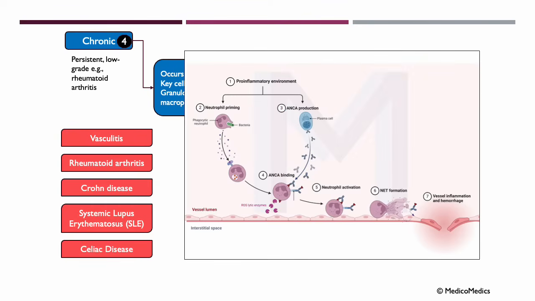Let's begin with vasculitis. Vasculitis is inflammation of blood vessel walls, often triggered by autoimmunity or immune complex deposition, leading to ischemia and multi-organ damage. It is a direct example of how chronic inflammation targets vascular structures.